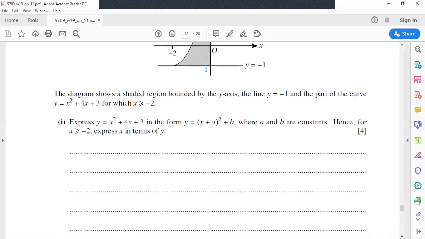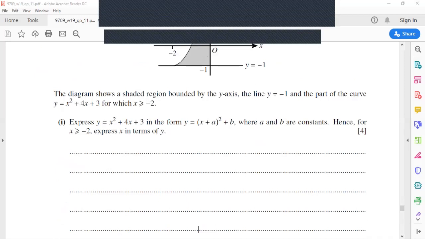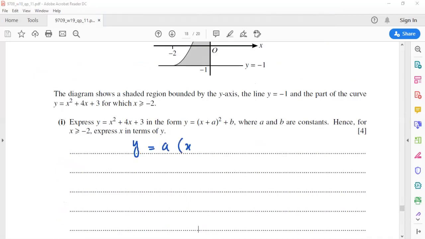So we know that y is equal to a into x minus h squared plus k, where h is equal to minus b over 2a and k is equal to f of h.